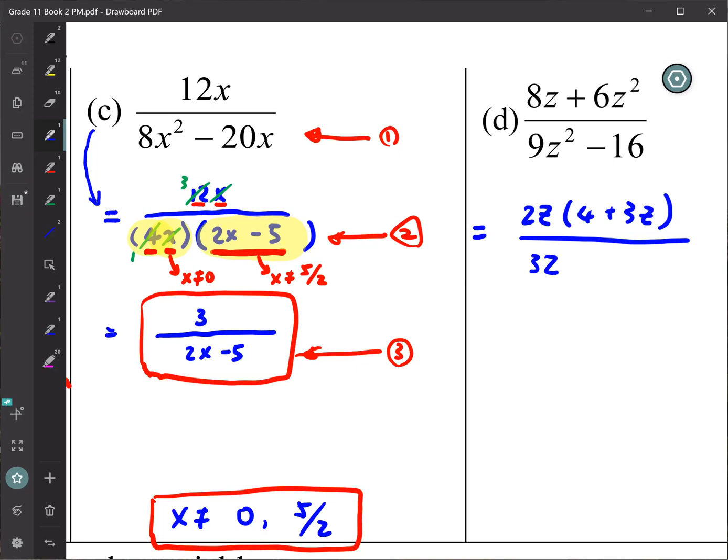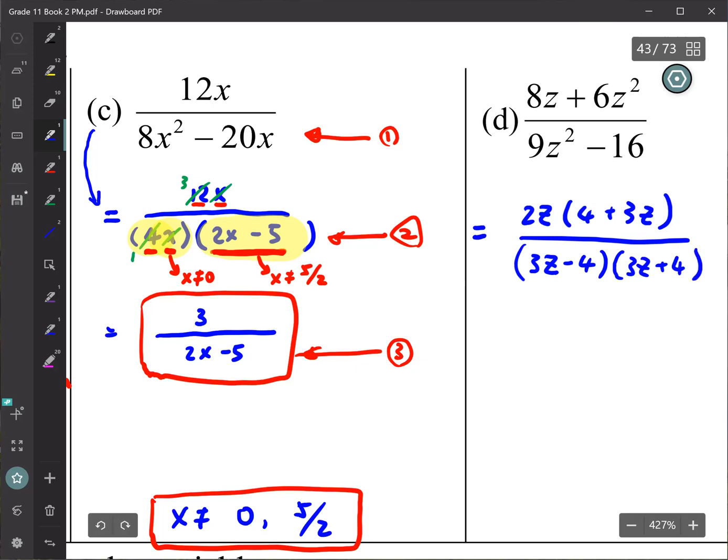Yeah. So 3z minus 4. And then wouldn't it be 3z minus 4 or 3z plus 4? Okay, so this is called the formula. Factor by formula, you have two terms, right? Two terms and the subtract. So now you get factored, okay?